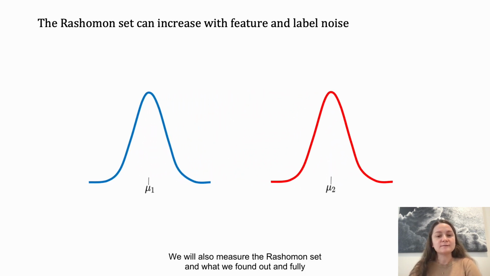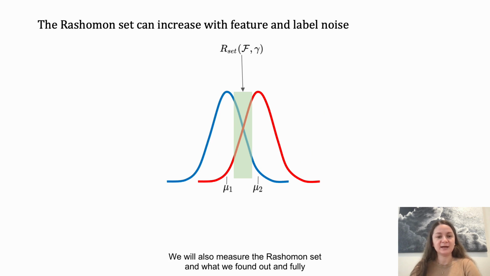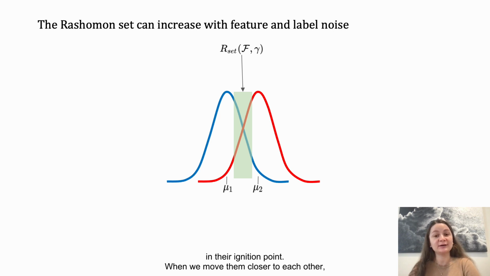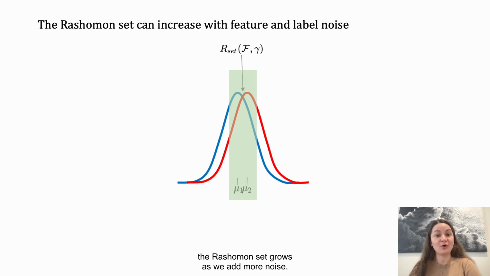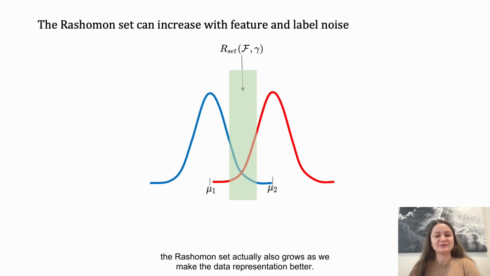We will also measure the Rashomon set. And what we found out and fully numerically verified is that the Rashomon set is actually the smallest when these two Gaussians intersect at their midpoint. When we move them closer to each other, the Rashomon set grows as we add more noise. When we move them further apart, the Rashomon set actually also grows as we make the data representation better.